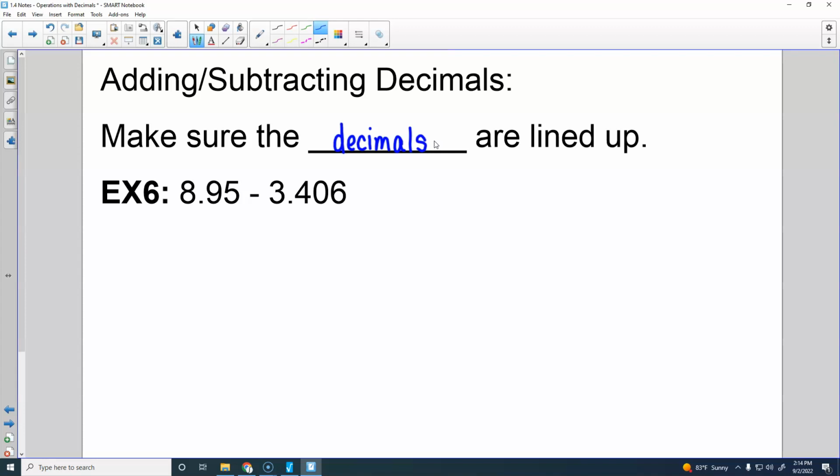Do you know that there are countries that would write this problem right here like this? There are many countries that use a comma instead of a decimal point. And they use a decimal point like we use a comma.